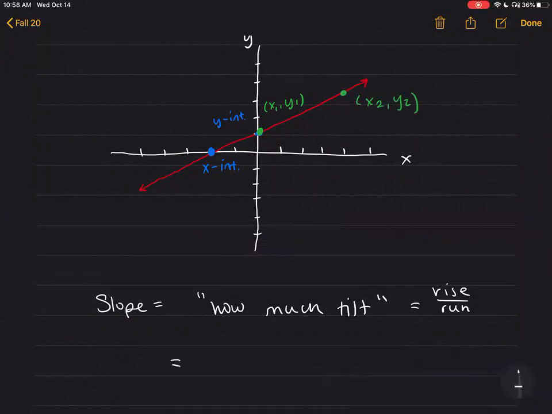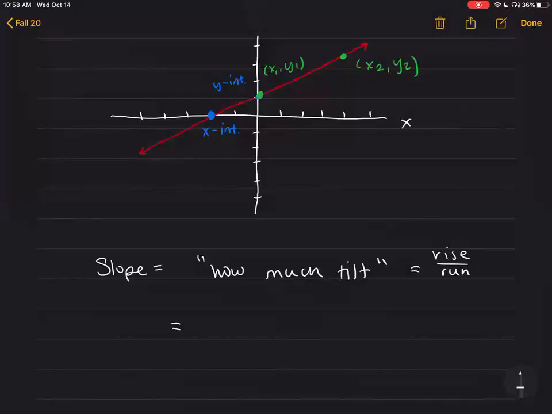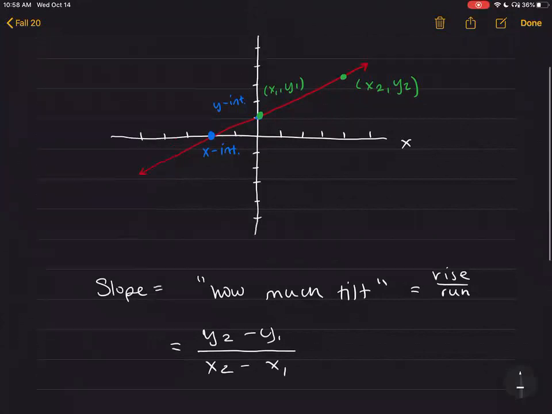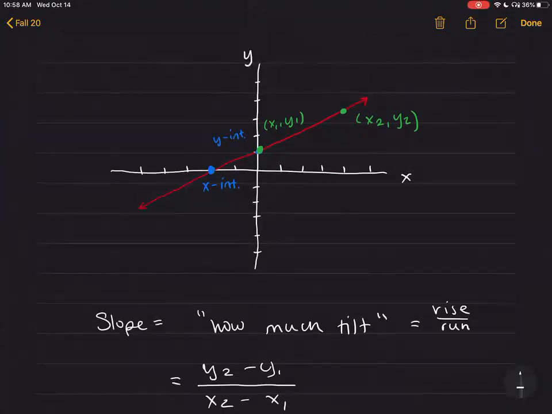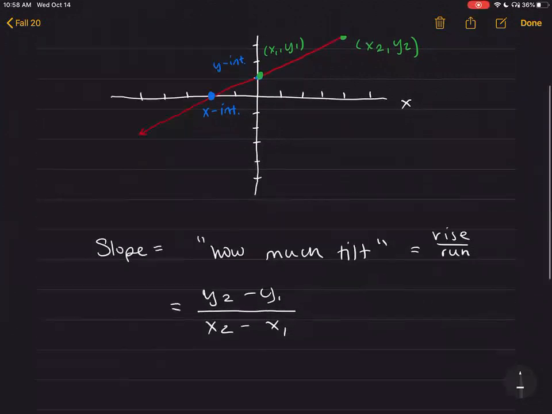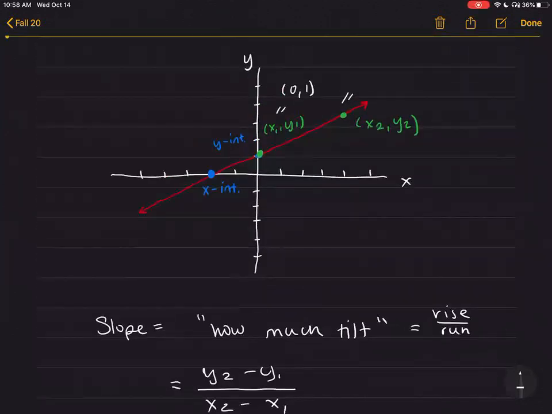So if we have 2 points on the line, then we can say that the slope is equal to y2 minus y1 over x2 minus x1. So rise over run. In this line in particular, our points are, this one is 0, 1, and this one is 4, 3.